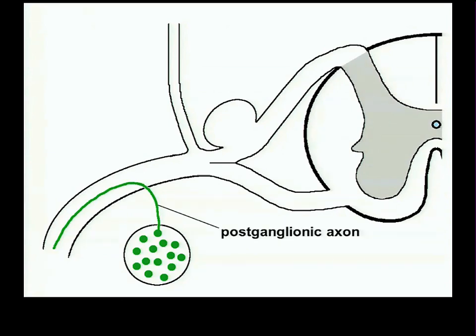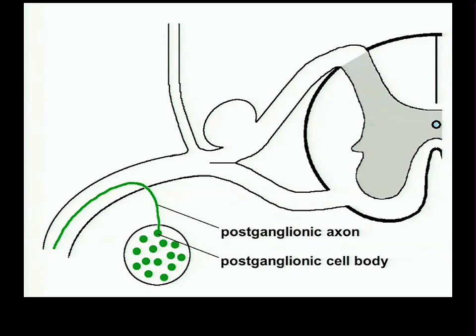Here's another one. Oops, I'm giving it a name, and a very obvious name. This is an axon which came from a cell that lay within a ganglion, the paravertebral ganglion. Therefore, this axon is very obviously called a postganglionic axon. It occurs distal to the ganglion, if you will. Here is another in the body. Sorry, I can't remember how I label or what sequence I do this in.